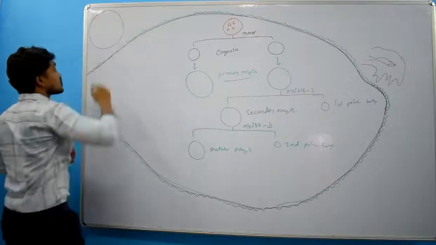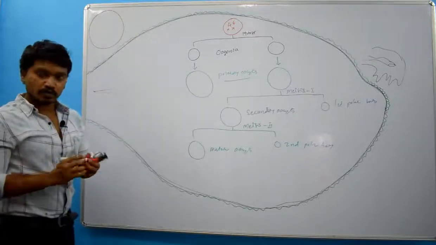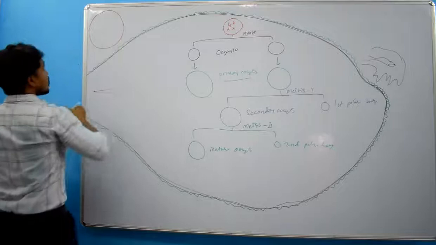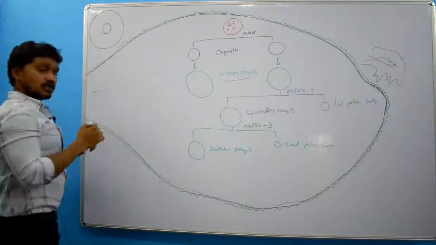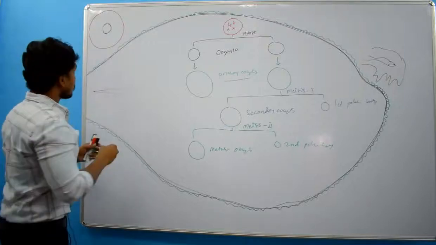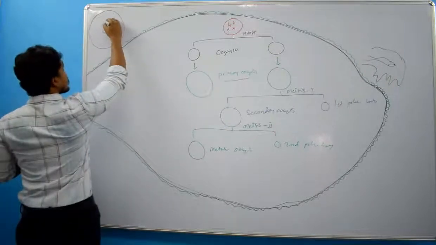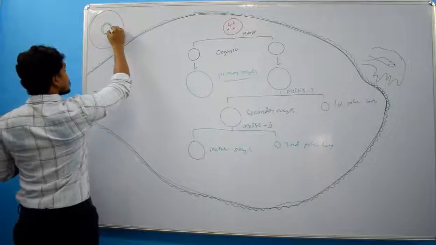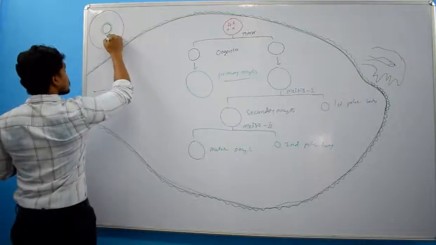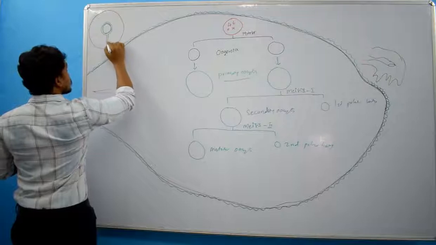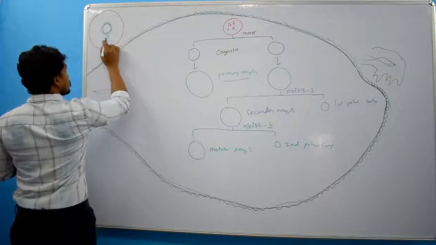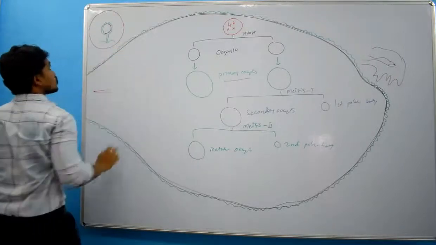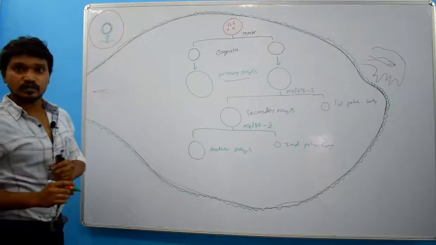This is a cut section of the embryo after folding, and this is the hindgut, and here is the mesentery. In the posterior part, on either side of the midline, we can form two elevations, two bulgings, right?